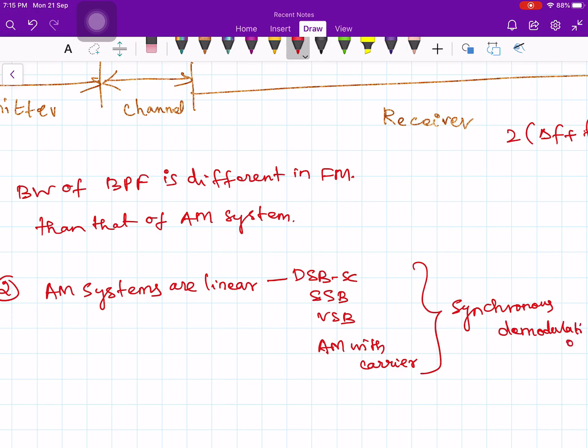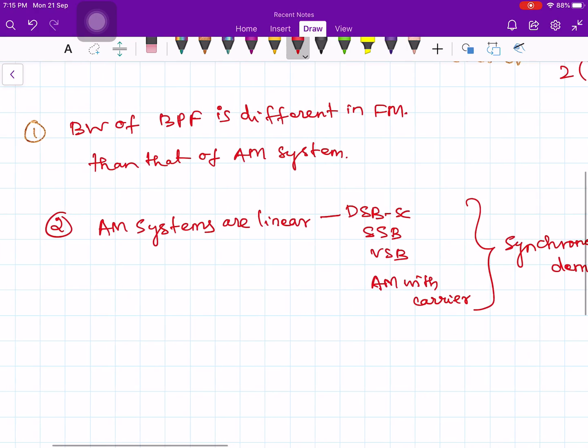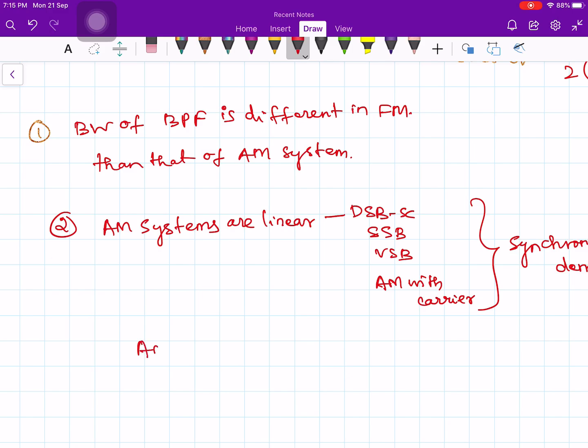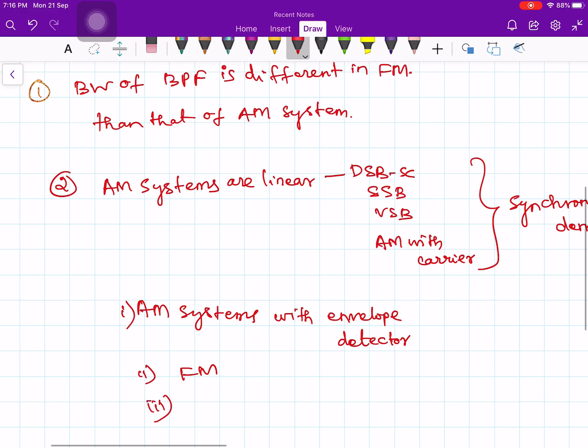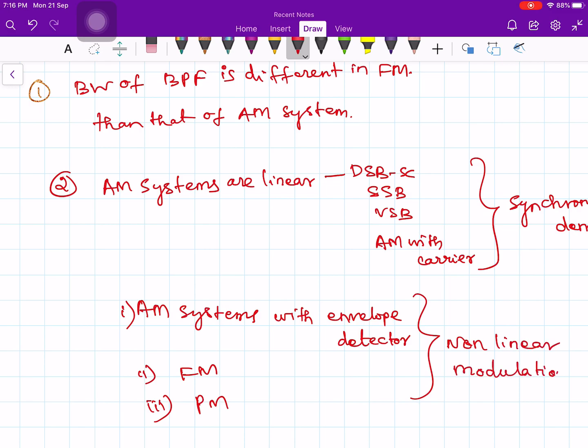AM systems with an envelope detector, and then FM, and the third one, let's say, PM, are all non-linear modulation schemes, or non-linear systems, I can say.